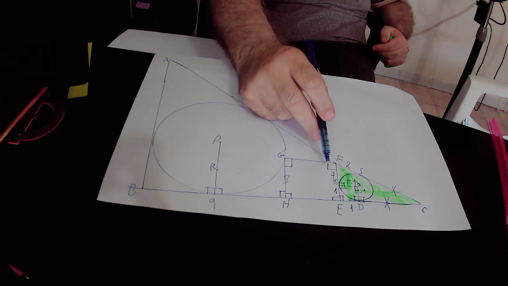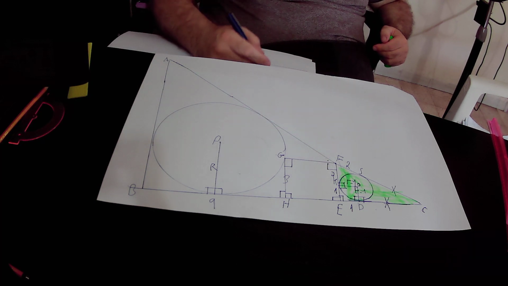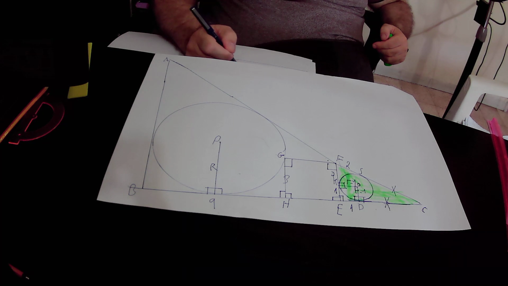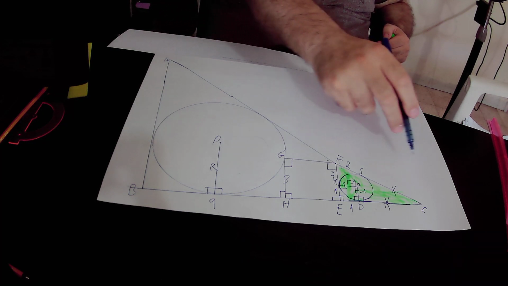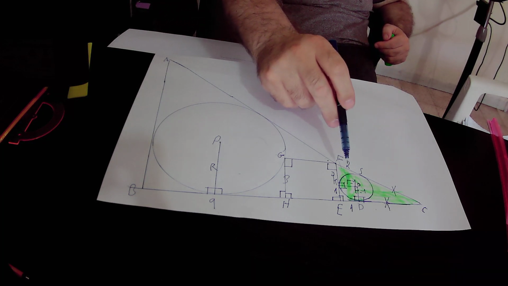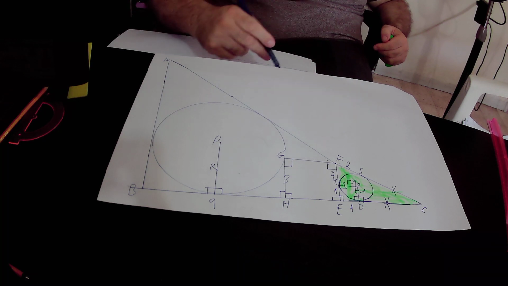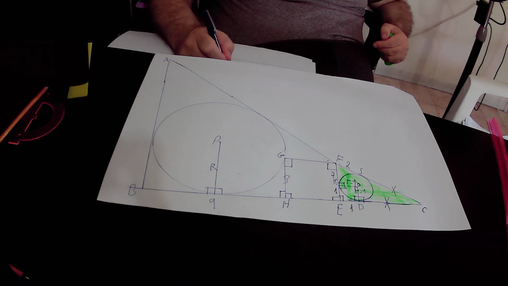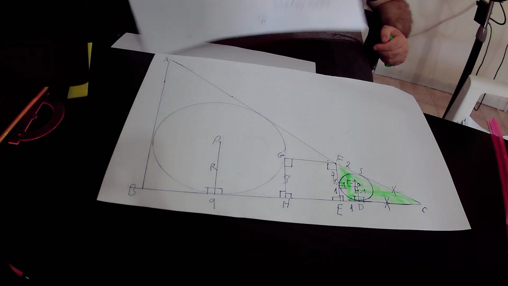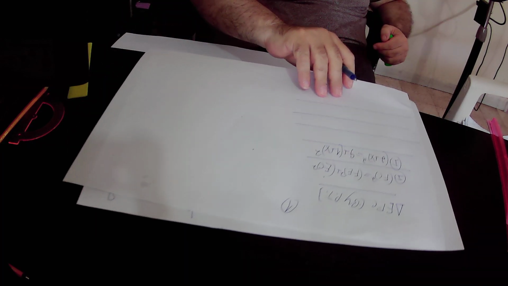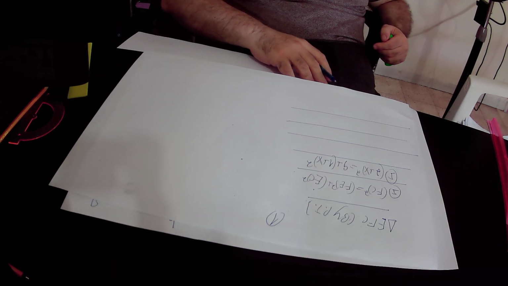FE equals 2 plus 1, that is 3, so FE squared is 3 squared, that is 9, plus EC squared. EC equals 1 plus x, therefore EC squared is (1 plus x) squared. So in conclusion, we found out that according to equation number 1, (2 plus x) squared equals 9 plus (1 plus x) squared.